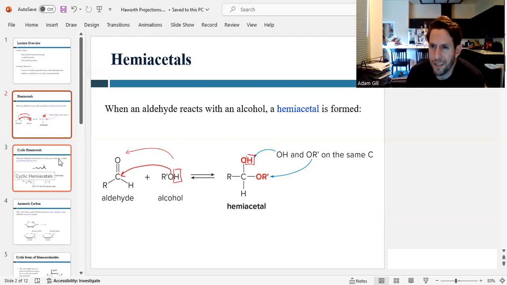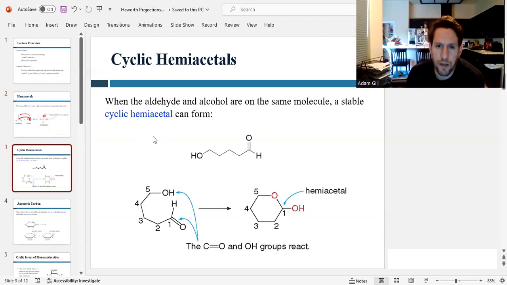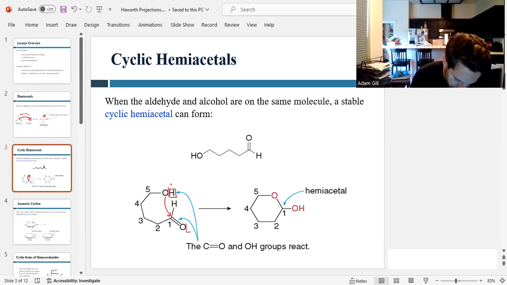Now, the reason I bring this up is because hemiacetals can form within the same molecule. So if we have one compound that has both an aldehyde and an alcohol, you can coil it into a ring, and the alcohol here will attach to the carbonyl, and the hydrogen will get shifted onto that oxygen.